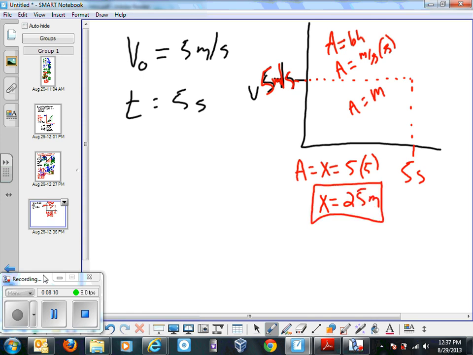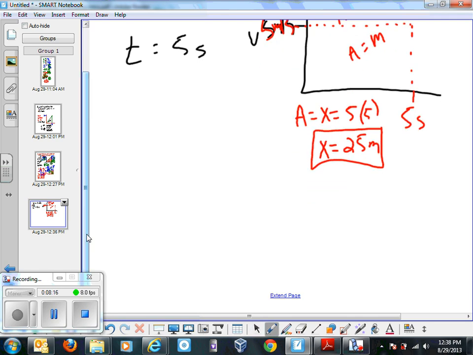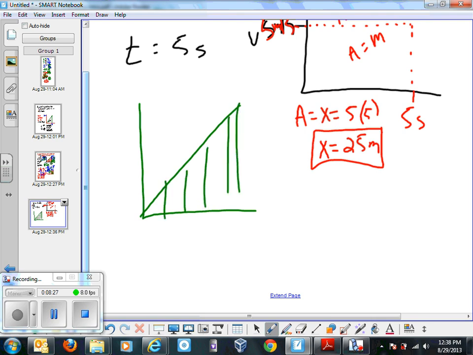Okay, so if we look at these two graphs together, we first had our acceleration portion of the graph, and we came up with an average velocity of 25 times 5. That was 125 meters. Our average velocity times our time gives us our displacement.